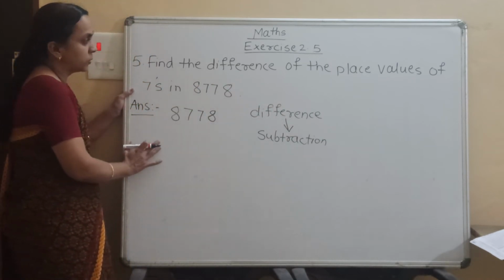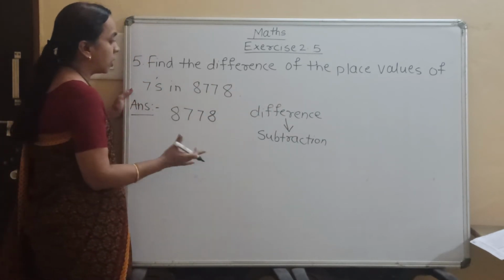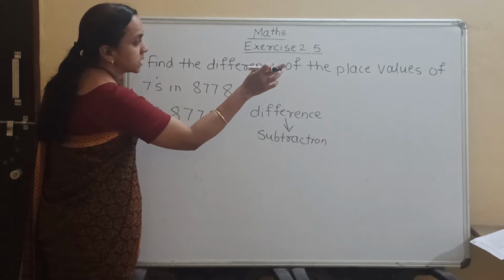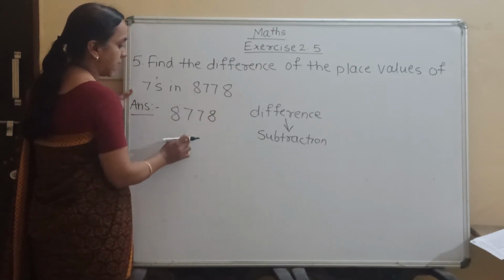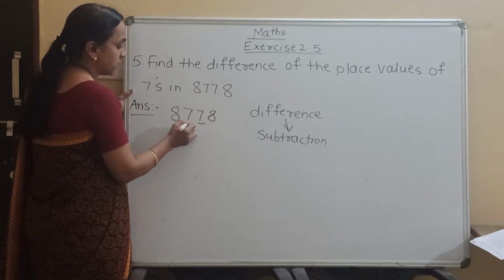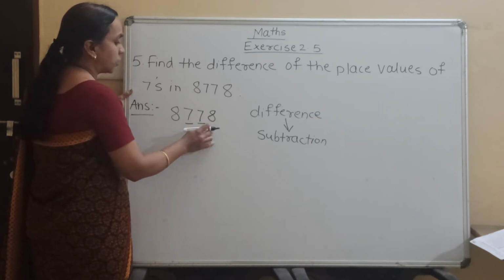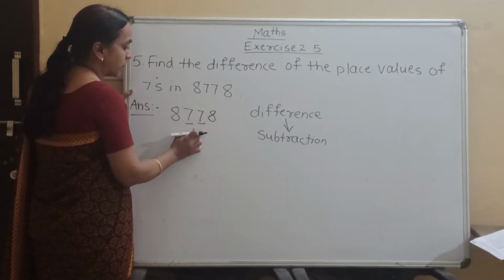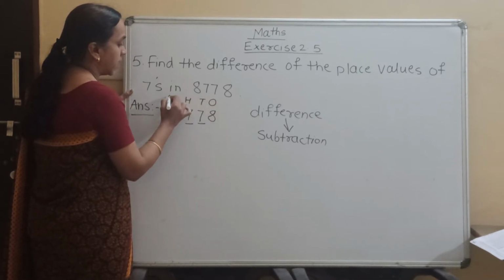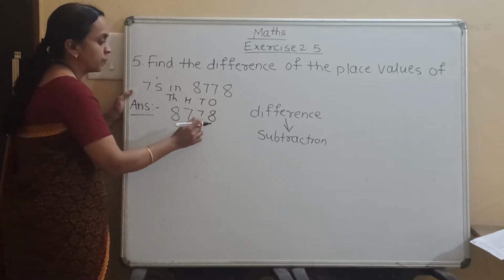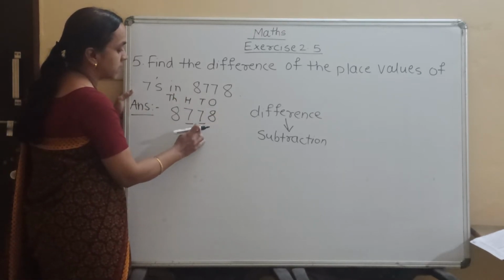So what we have to do? We have to do subtraction of what? See, of the place values of sevens in 8778. So there are 2 sevens in this number. So we have to find out first their place value. So first you write down your ones, tens, hundred, thousand. So start with ones. Ones, tens.